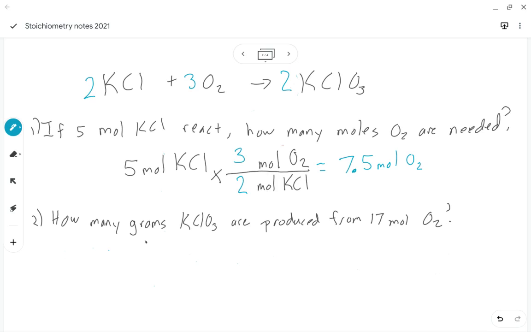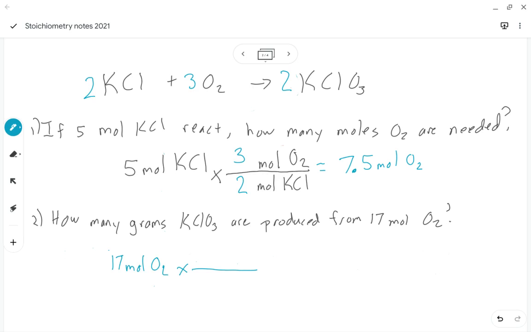If we have a problem where instead of starting with moles, we're starting with grams of something, this involves a little more math. So if we're starting with 17 moles of oxygen and we're trying to get to grams of KClO3, since we're in moles, we can go directly up to this reaction and set up a mole ratio.